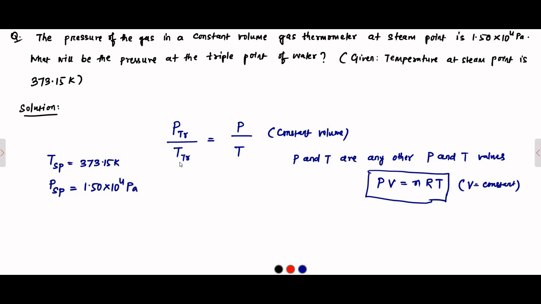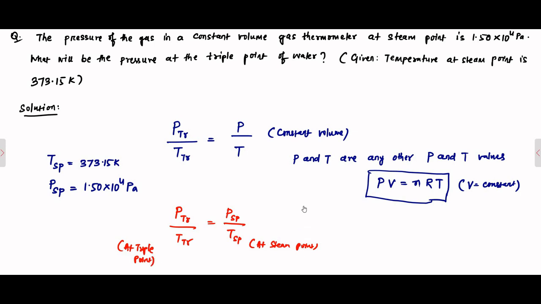So this relationship will become PTR by TTR is equal to PSP by TSP, that is at steam point. This is at triple point, this is at steam point. It will obey the same relationship.